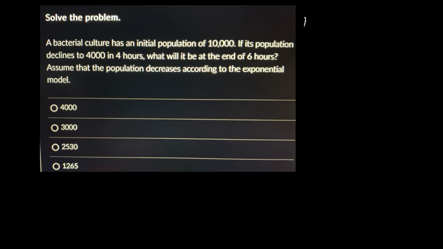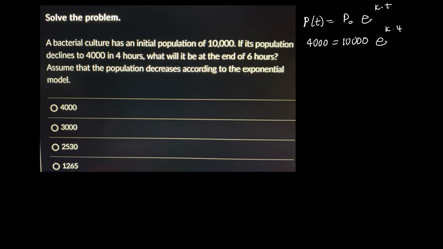Okay, so population after a given time equals population that you start with, e to the k times t. So they say initially it has 10,000, so that's P0. If its population declines to 4,000, oh, it's going down. So it ends up at 4,000, e to the k, I don't know, and it does that in 4 hours, times 4.